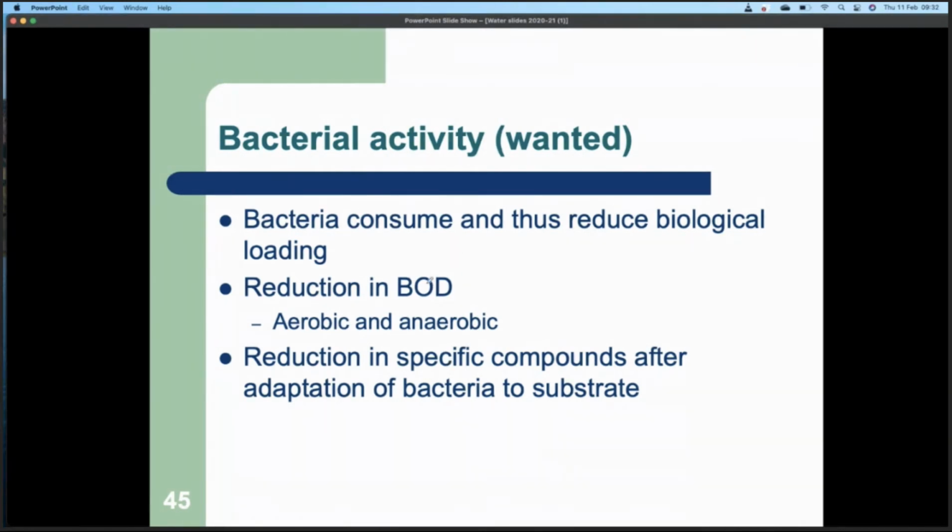Otherwise, all they do is remove BOD, and the short BOD. So they're really good at removing BOD1, BOD2, BOD5. BOD25, you don't get much removal in the sewage treatment works because the water just doesn't stay in there long enough. The bacteria don't have enough time to digest the stuff, and they constantly have the attraction of the new, easier to digest stuff coming through the plant.